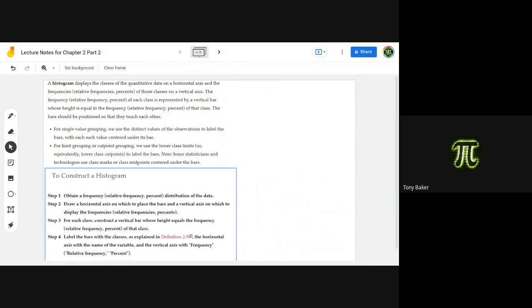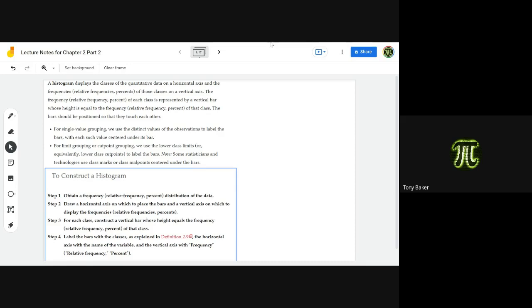For the limit grouping and cut point grouping, you can either use the lowest class limits to label the bars, or you can use the midpoints of the classes, or you can use the breakpoints too. Most of your technology, like Excel, unless you tell it otherwise, is going to use the breakpoints. It'll use like the 125 and things like that in between the two values.